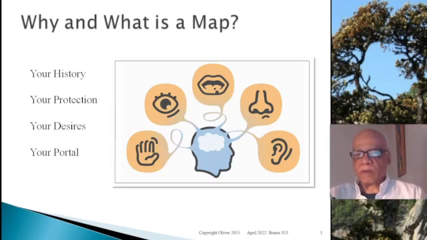So as you recall, going way back in the Introduction to Meditation and in the Introduction to the Internal Map, we talked about the fact that our thinking is really based on our senses. It's what we feel, what we see, what we hear, what we smell, and the words that we either speak or hear.